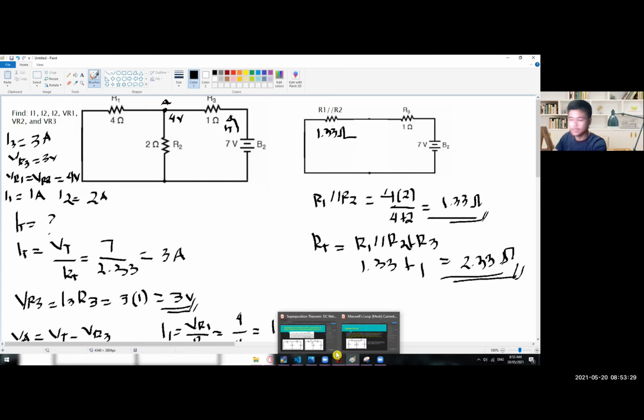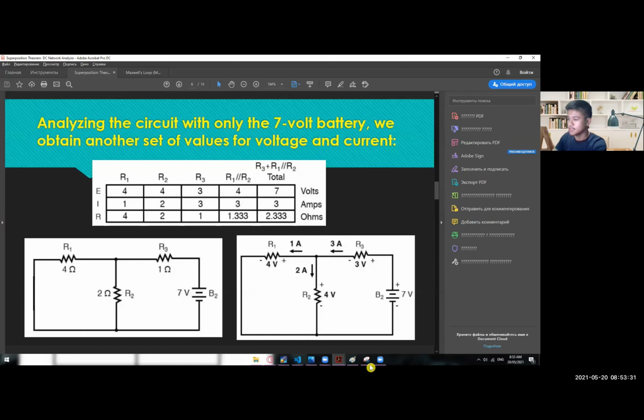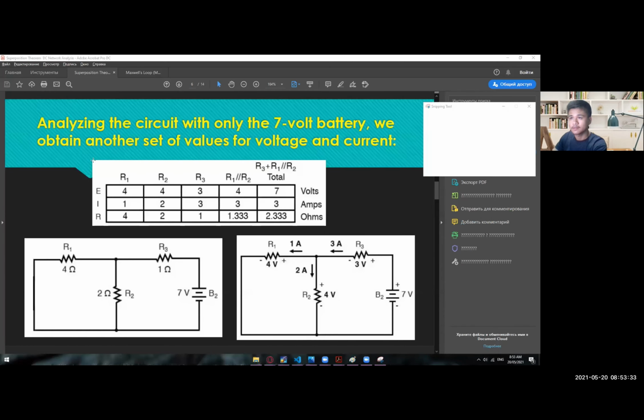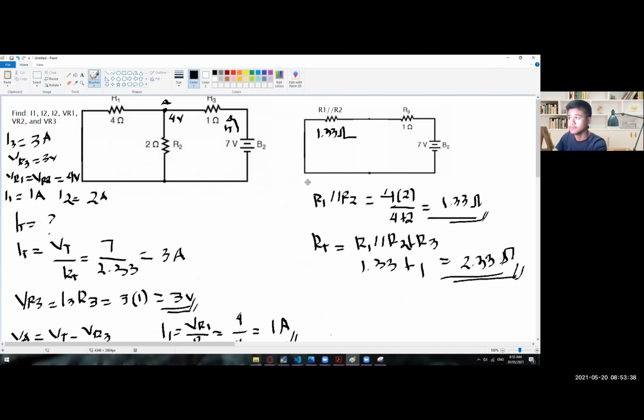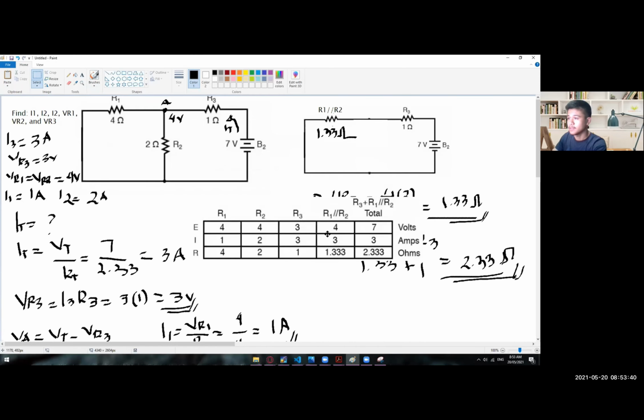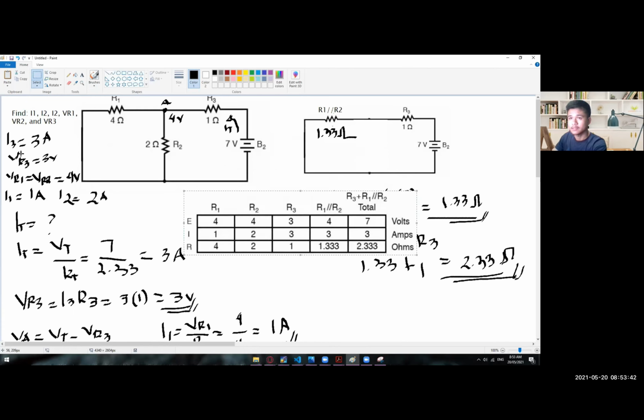And then let's see if we have the same results by comparing that to this table. Okay, so let me place it right here. So for the total current, we have 3 amps. Total voltage is 7. And then the total resistance is 2.33.